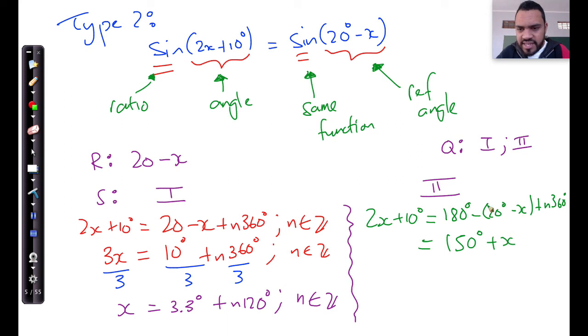So I've got plus x over here, and that cancels out with that, which leaves me with just 1x on this side. And that's going to give me plus n times 360 degrees. Then we state n is an element of Z.